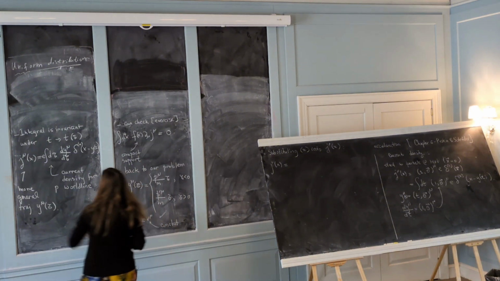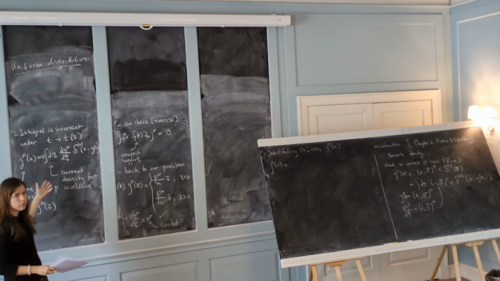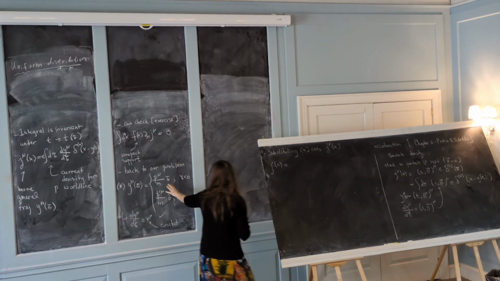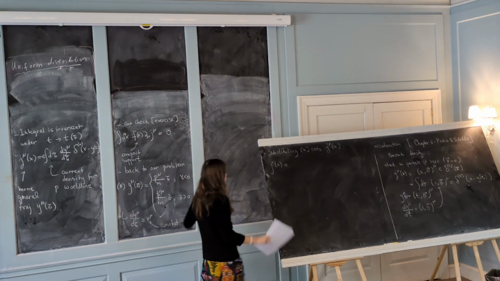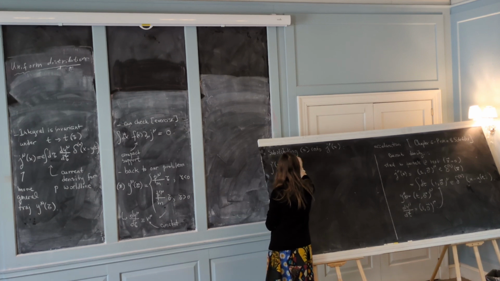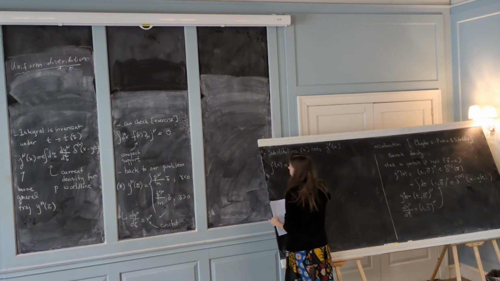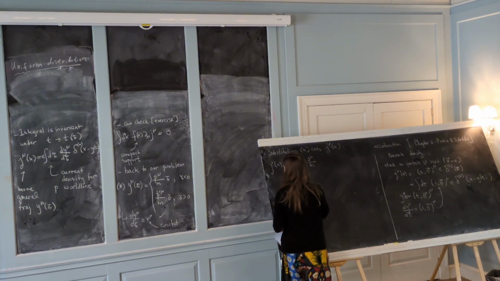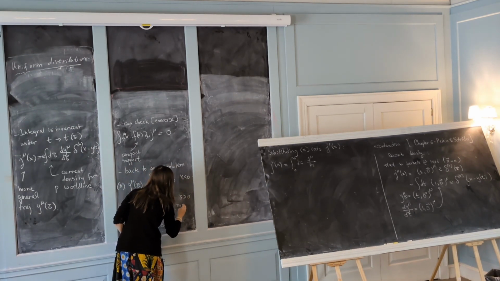So J mu of x is, and I can just look here. We can split the integral over tau that in general runs from minus infinity to infinity into an integral from minus infinity to 0 with this current density and an integral from 0 to infinity with this other bit. So you have an integral from 0 to infinity of d tau, and then we have e p mu divided by m, and this m is just the mass of the particle.